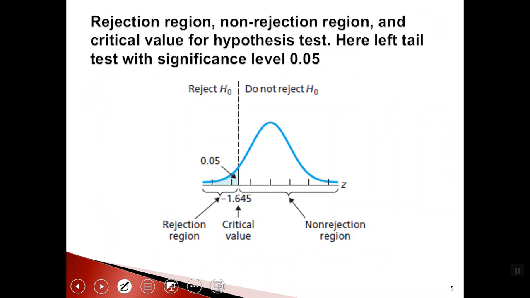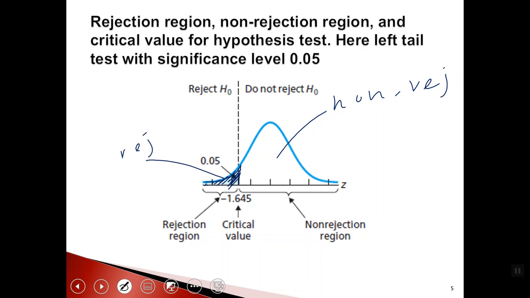I can show you those three, rejection region, non-rejection region, and critical value, in my hypothesis test using this normal curve. This is my rejection region. I have colored this. This is my rejection region, and this is my non-rejection region. Clear?